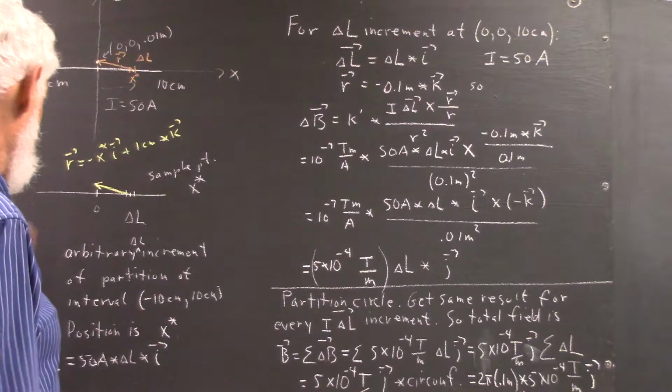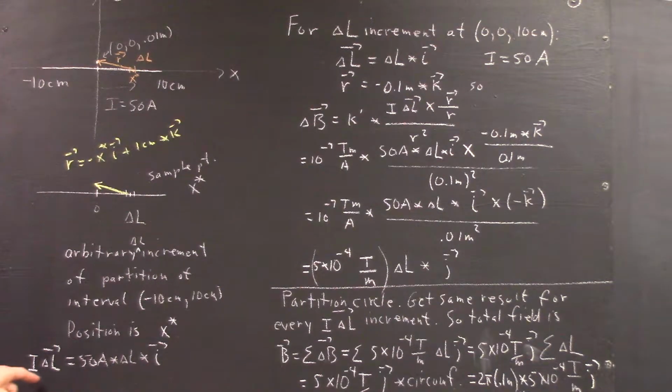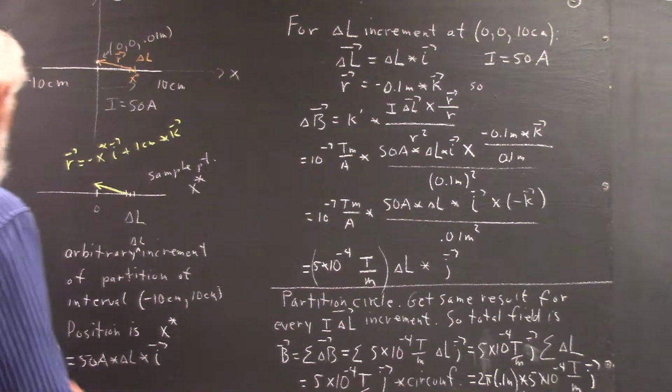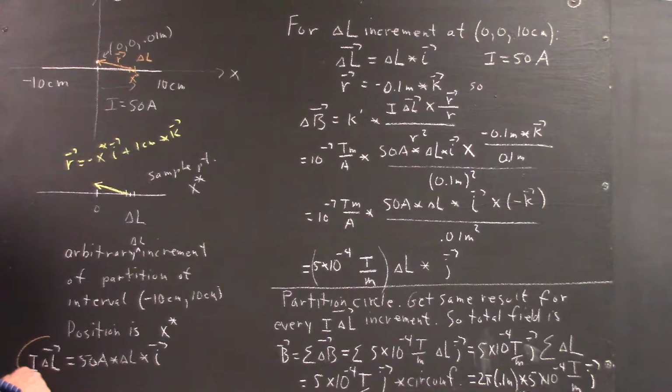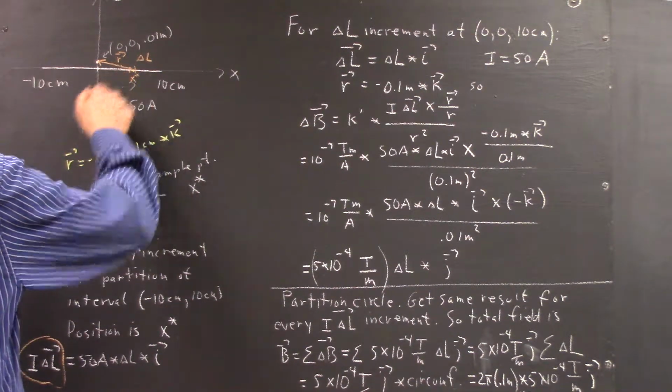Now, having done that, we see that our I delta L, if we assume I is in the positive x direction, is going to be 50 amps times delta L times the i vector. So now we've got our I delta L, and we've got our R vector.